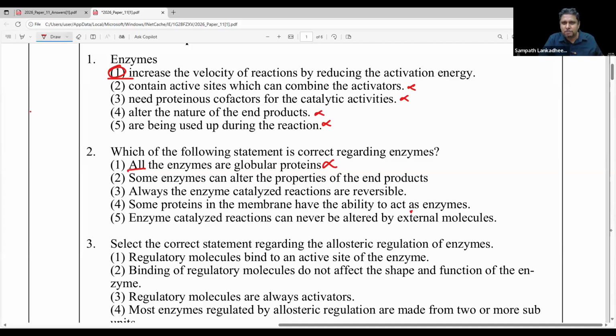We can't agree with that. Then the second one, some enzymes can alter properties of the end products. No. Presence or absence of an enzyme does not alter the nature of the end product.